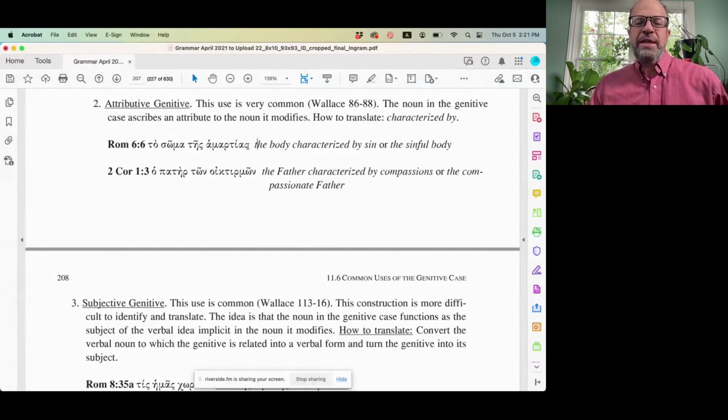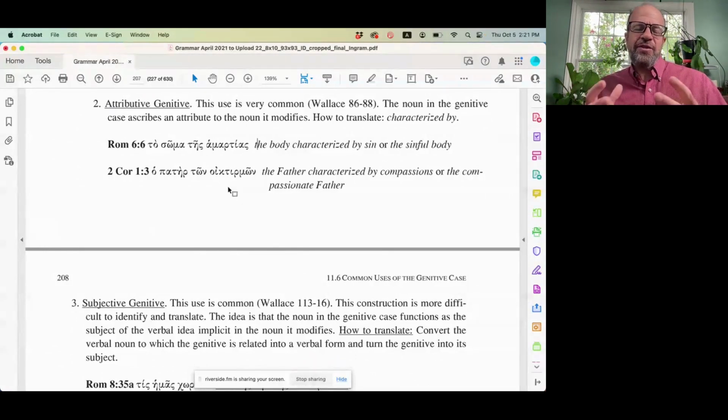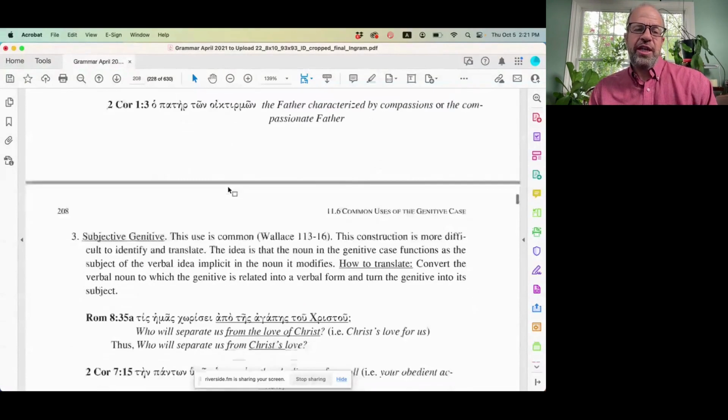What this really means is that sin characterizes the body: the body characterized by sin. If you can take the genitive noun, turn it into an attribute, and make sense of the translation, then you're probably looking at an attributive genitive.